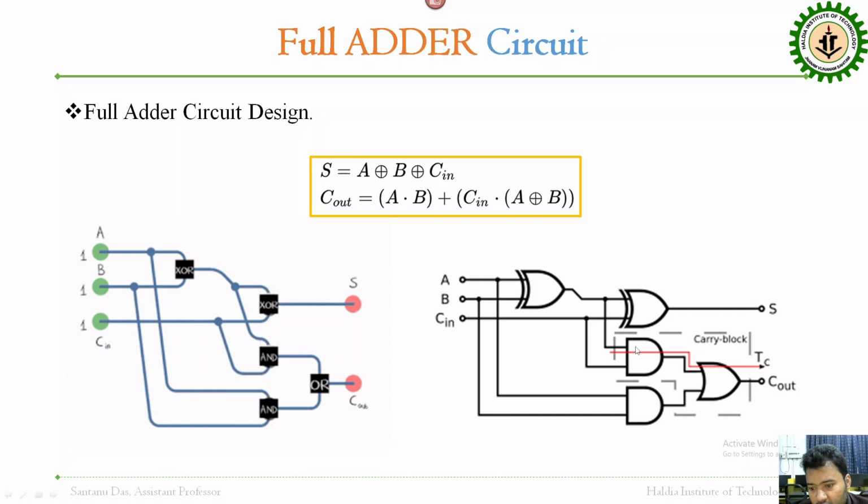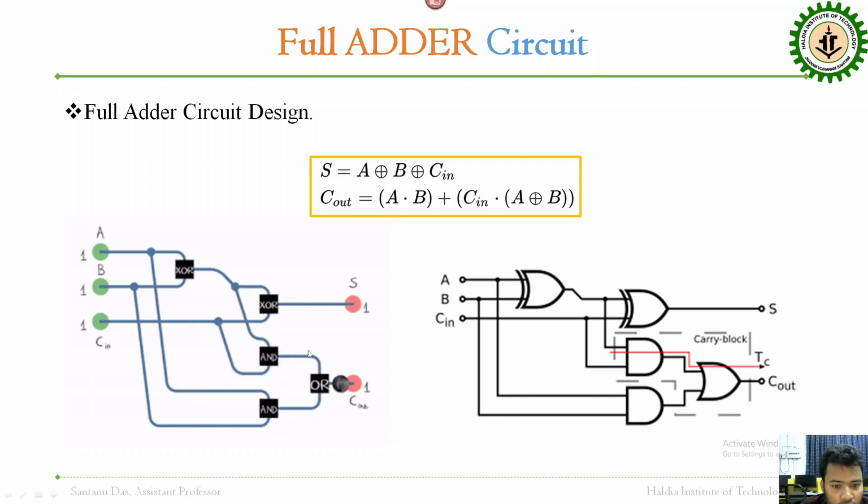So we are taking the result A XOR B and we are taking C from here and passing through an AND gate, which gives us the desired result C into A XOR B. Now we can see that these two results are added here. So we are passing these two outputs through an OR gate and we are getting A into B plus C into A XOR B as our desired output for carry.